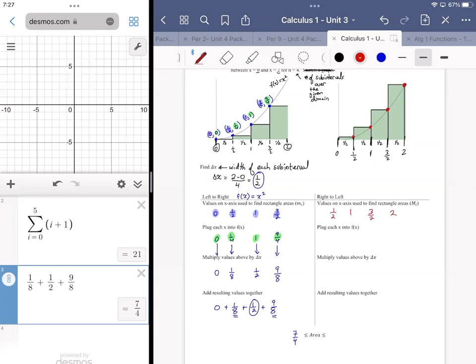At 1/2, I know I have a 1/4, just plugging it into f of x equals x squared. At 1, we know it's 1. It's the same graph, so if 1 gave us 1 before, it'll give us 1 again. 3/2 gives us 9/4, and 2 gives us a 4.